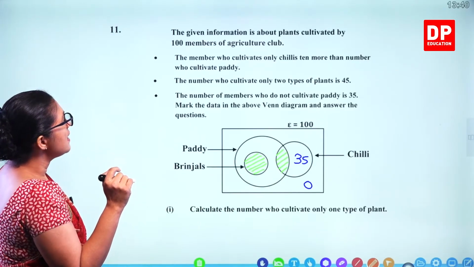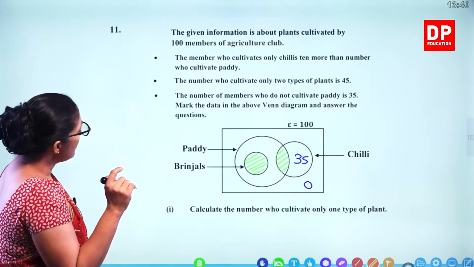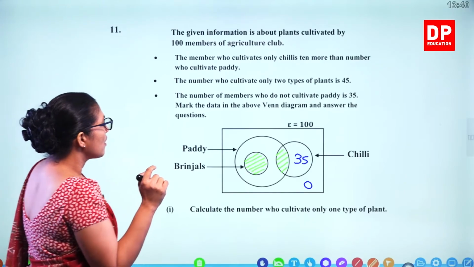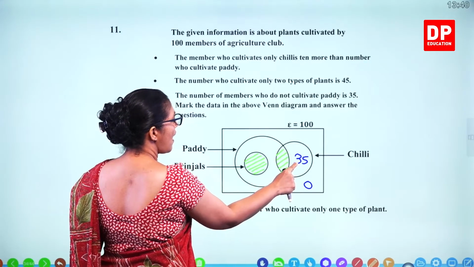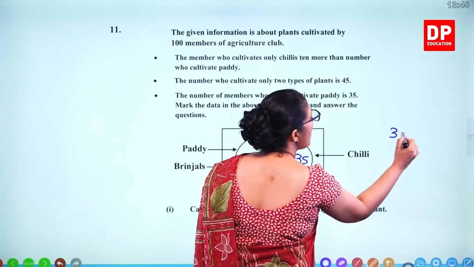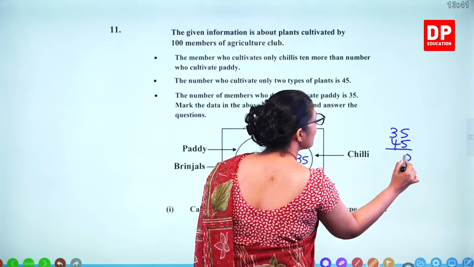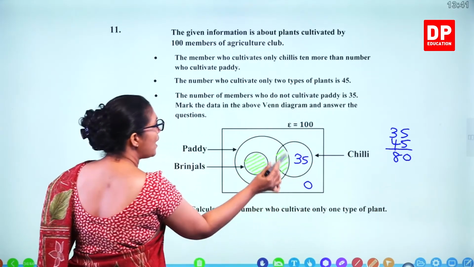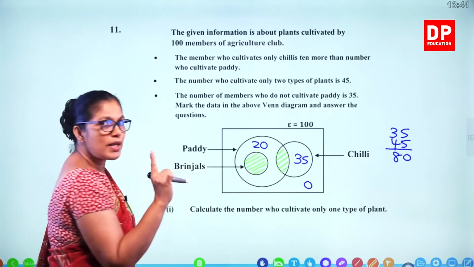Mark the data in the above Venn diagram and answer the questions. So we can mark it now. So these 2 45 and this is 35. So 35 and 45, what's the total? 80. So that means total is 100. So this becomes 20.